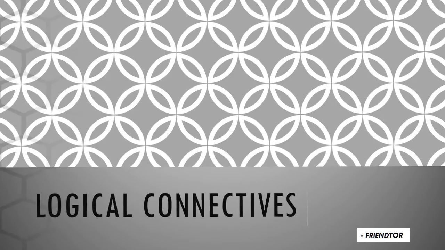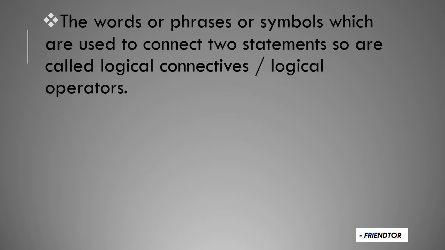Let's see the definition. The words or phrases or symbols which are used to connect two statements are called logical connectives or logical operators. Okay, so it can be a word, a phrase, or symbols.